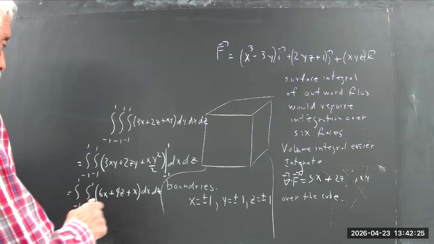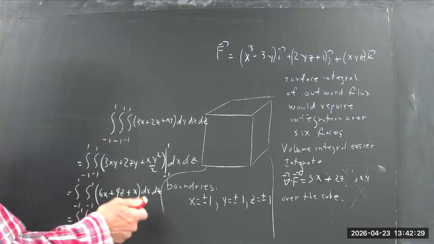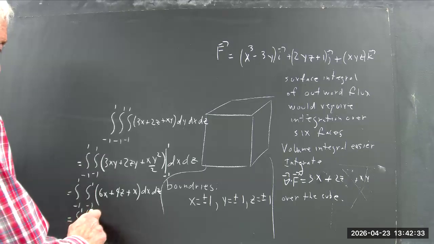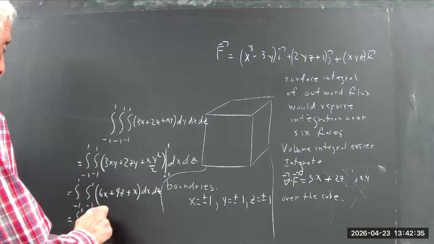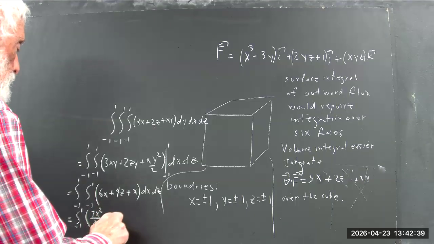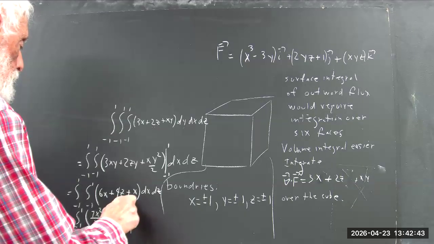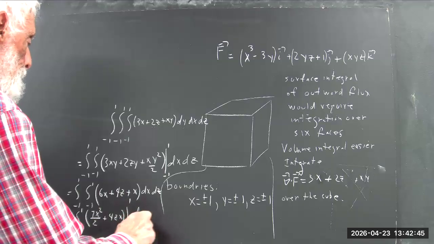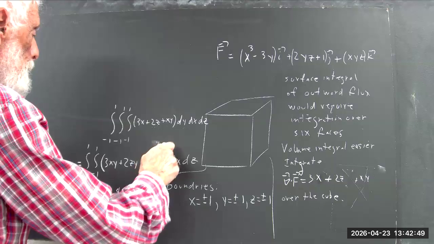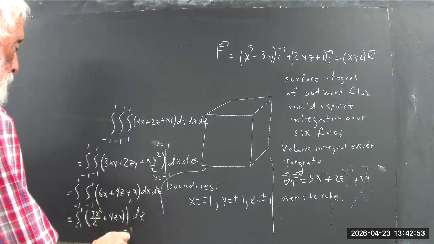Integrating with respect to x, we get 6x and that's going to be 7x. Then let's write y equals -1 to y equals 1.